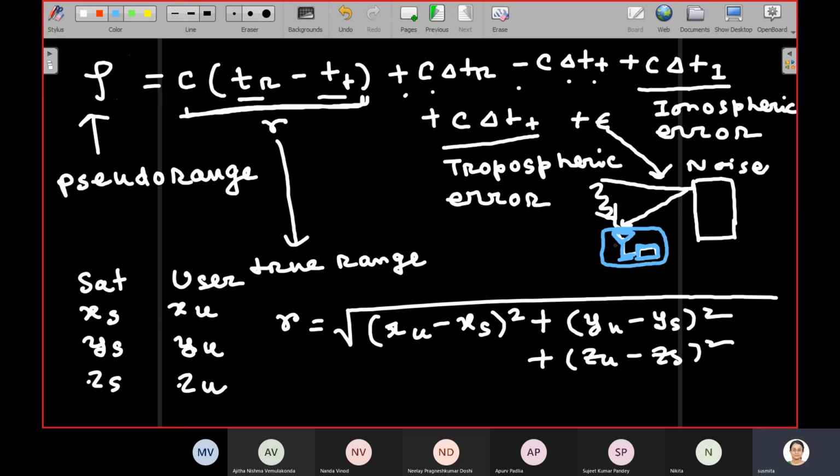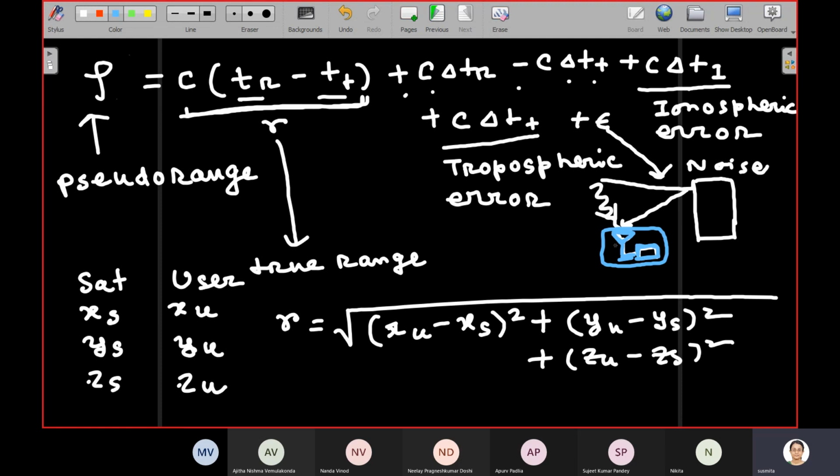Now the signal can reach directly from the satellite. Signals can also get reflected multiple times; it is not necessary that they will be reflected only once before reaching the receiver. Depending on the signal reception environment, signals can get reflected multiple times and then reach the receiver. Such reflected signals are called multipath.